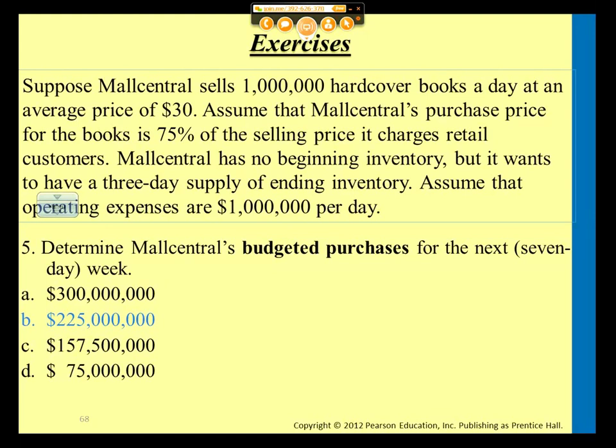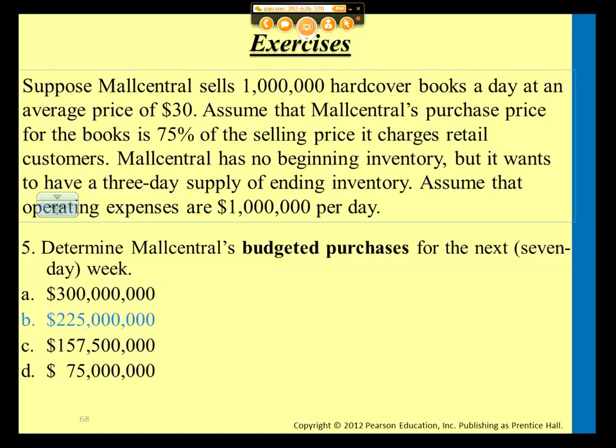All right. So we know that we are assuming that their purchase price for the books is 75% of the selling price. So what does that give me? But you need 3 days supply, right?